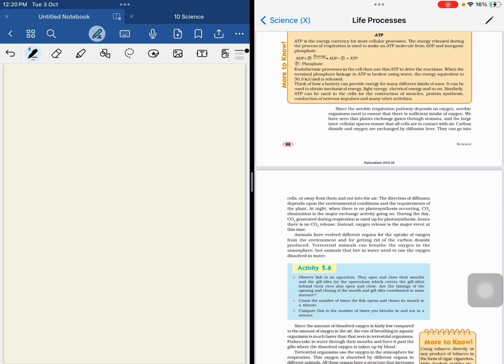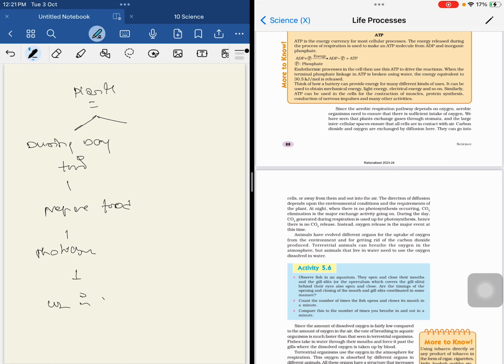Since aerobic respiration depends upon oxygen, it is important in plants. During daytime, plants prepare their own food by photosynthesis, so carbon dioxide in the environment is utilized.